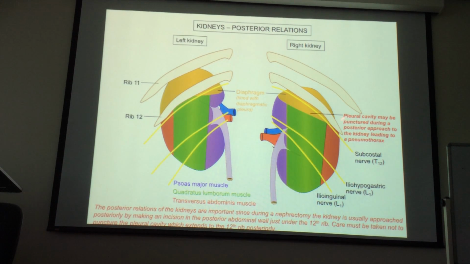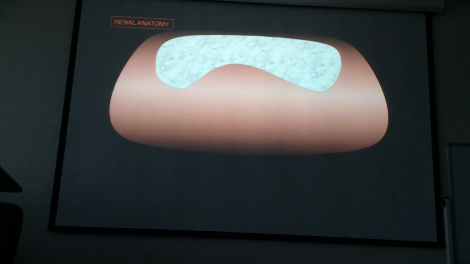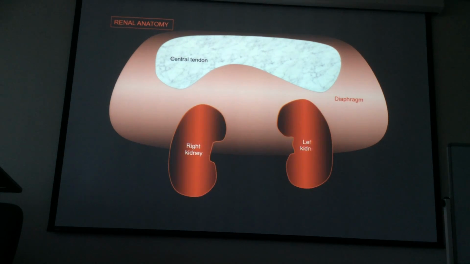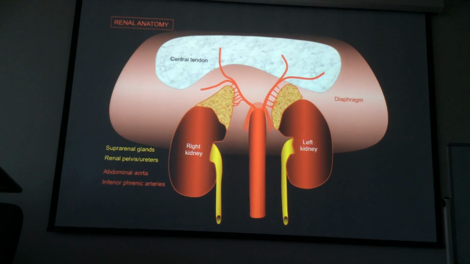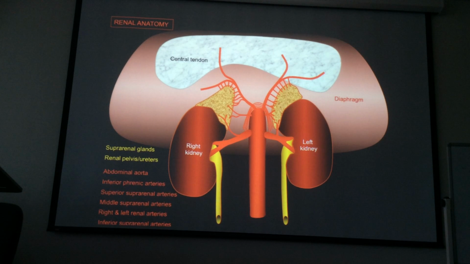So now this is what I was talking about in my previous slide on the right kidney, pleural cavity and all that. You know the reason. Now, the general orientation of the kidney. We know there is the diaphragm, there are the kidneys, suprarenals, aorta, inferior phrenic arteries, suprarenal arteries, middle one renal, inferior suprarenal.